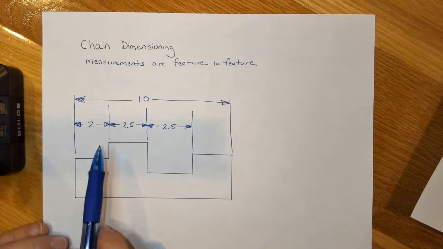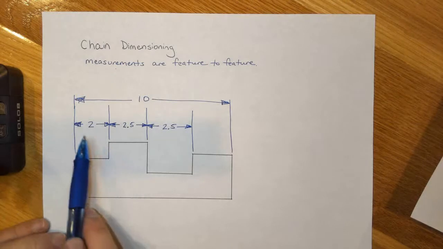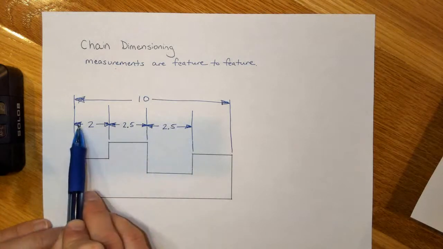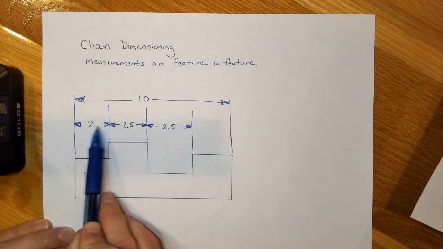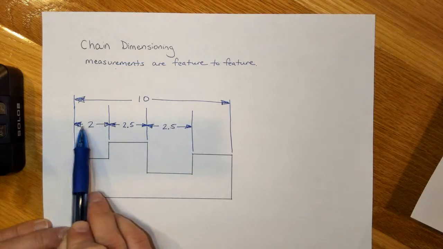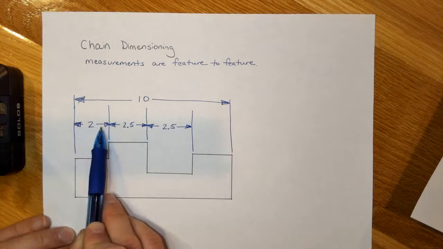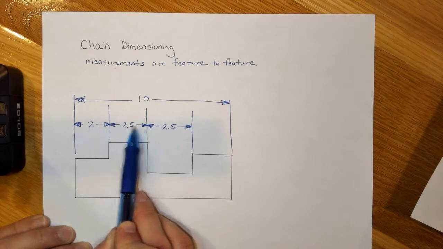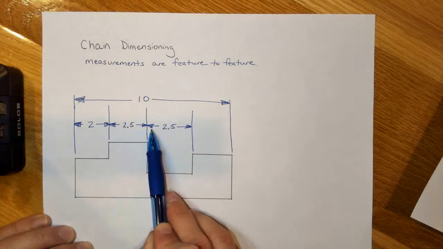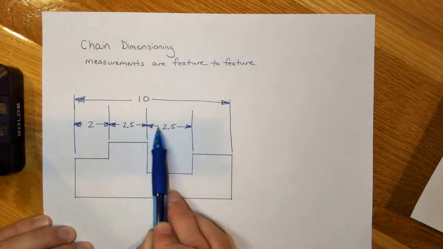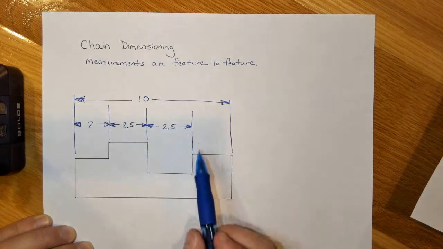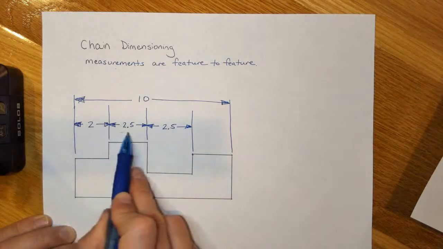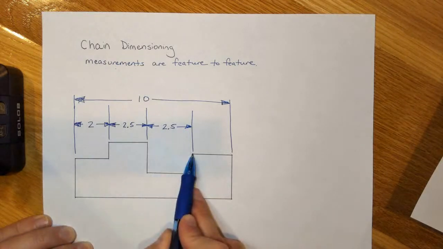Okay? Chain dimensioning may not be as great in that somebody measuring and trying to lay this part out, like I said before, if they were off in their measurement or their tool is not zeroed right, and their measurements are off by, say, 2/100ths of an inch, well, when they're off by 2/100ths here, and another 2/100ths as they take this measurement, and off by the same 2/100ths when they take this one as well, by the time they get to this corner of the part, they will have been off 2, 4, 6 hundredths of an inch.